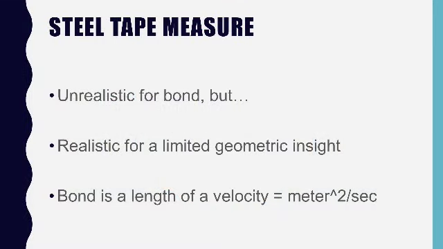And you can see I'm going to be using the two-dimensional bond of a steel tape measure, which I purchased. And in some ways, it is unrealistic for an oxygen molecule bond. But in other ways, it is realistic in a limited number of geometric ways.